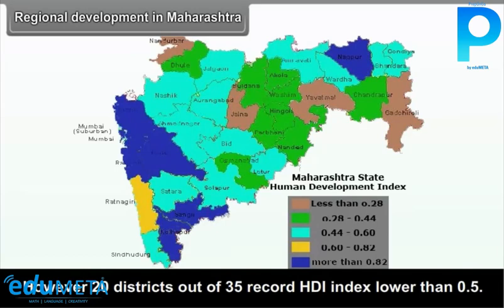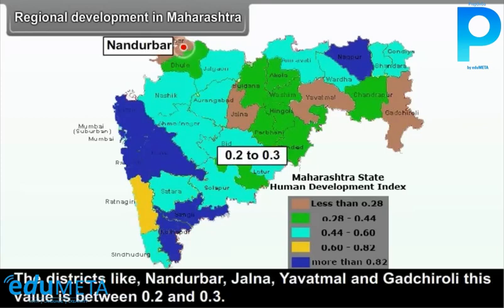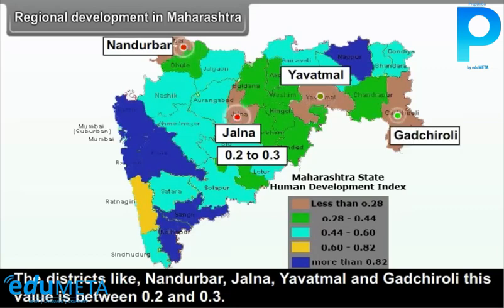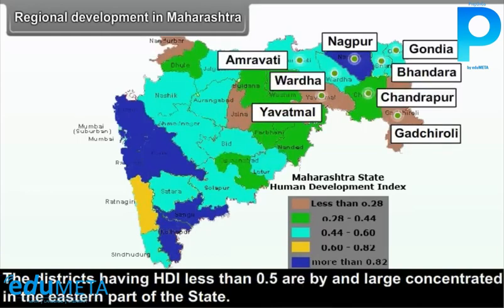However, 20 districts out of 35 record HDI index lower than 0.5. The districts like Nandurbar, Jalna, Yavatmal and Gadchiroli, this value is between 0.2 and 0.3.